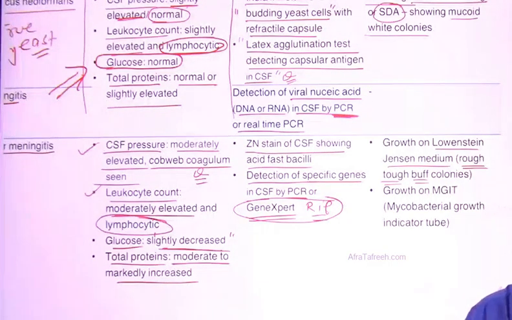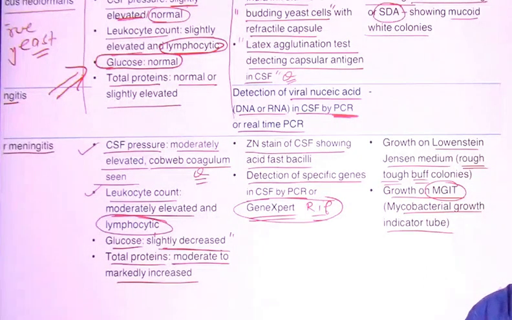Rough, tough, and buff. And you can find the growth in the MGIT also, that is the Mycobacterium Growth Indicator Tube. This MGIT method can be used for the detection of drug resistance also. This might also come up in the exam. Other than that you have a number of others for latent TB, that is, you go for the tuberculin test.